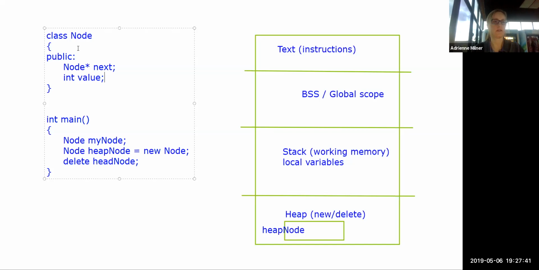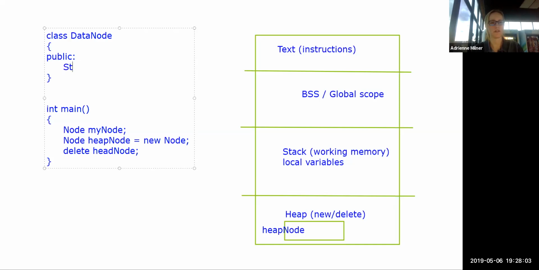But let us say you have a class data node. And your data node has string metadata. And that's going to describe your data.